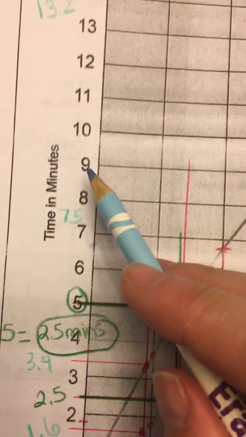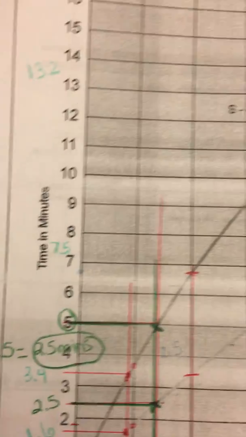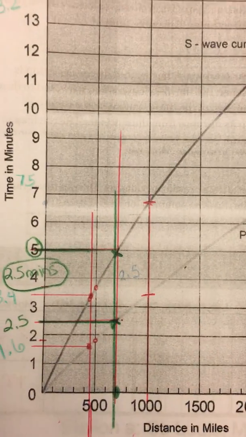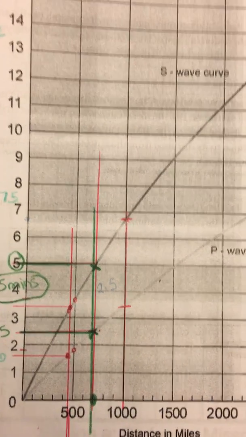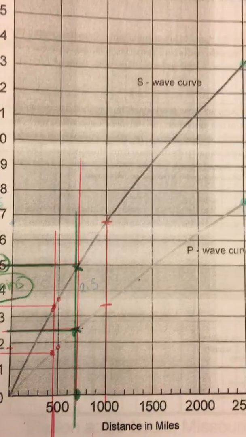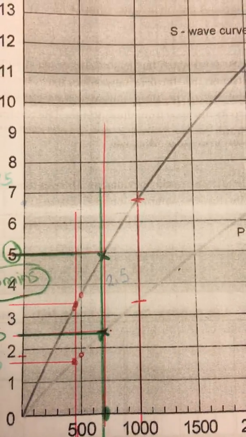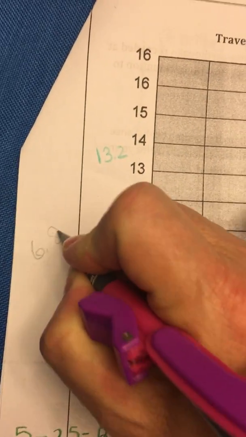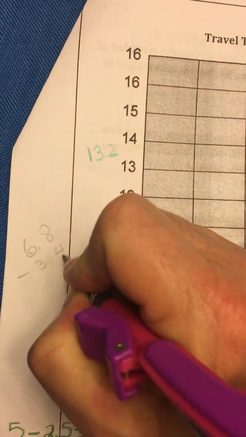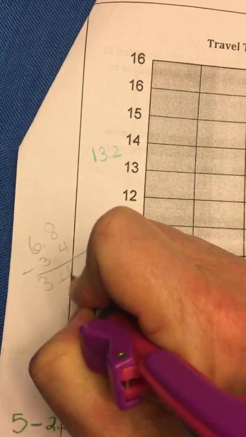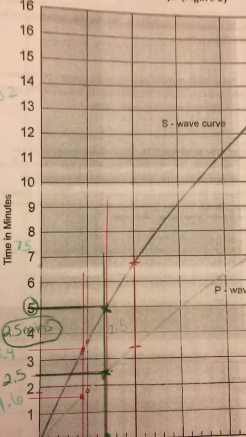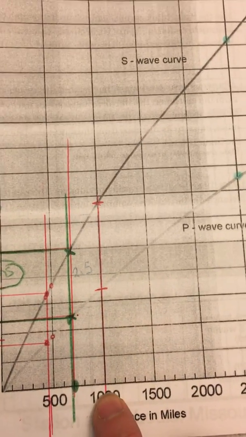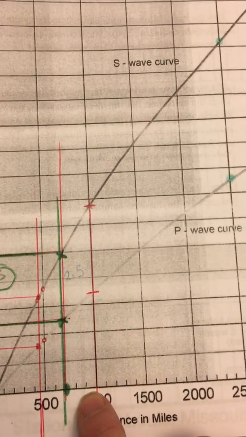So 6.8 minus 3.4 is 3.4 minutes difference, but I want to find 3 minutes, correct? So I know it has to be less than 1,000 miles, but more than 700.